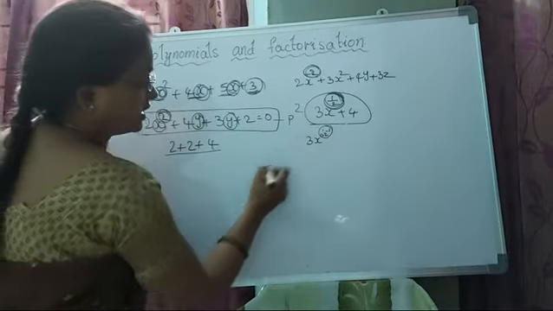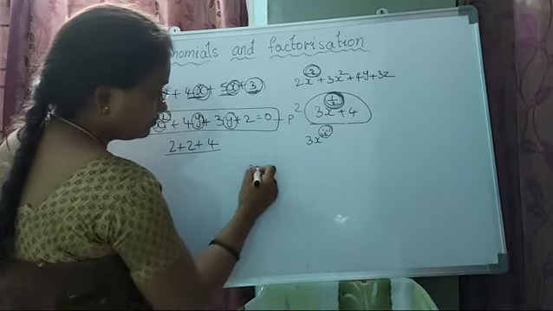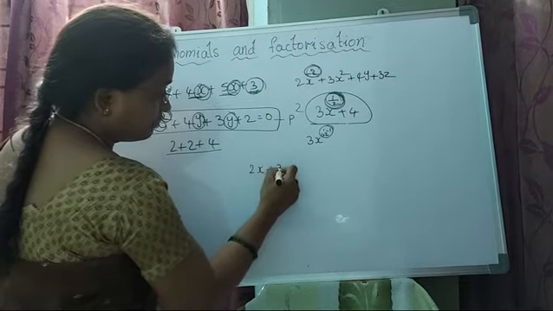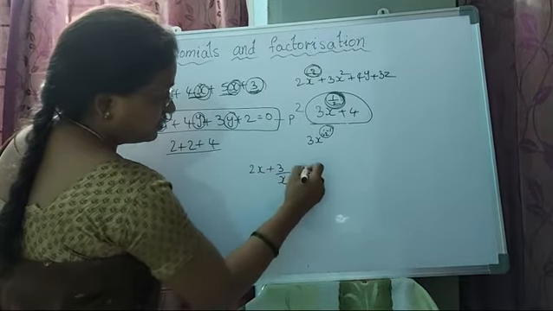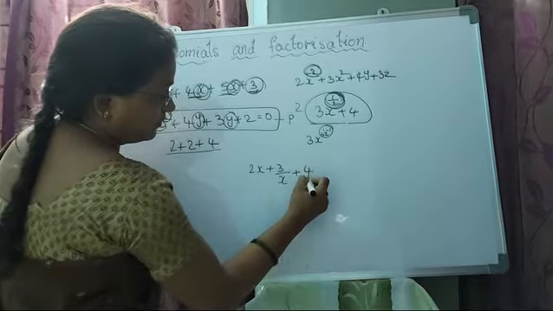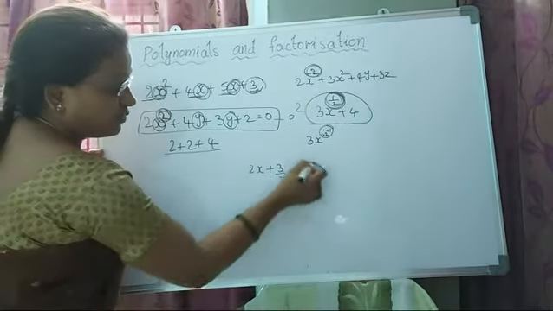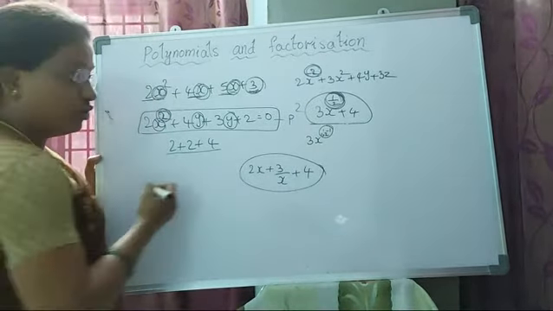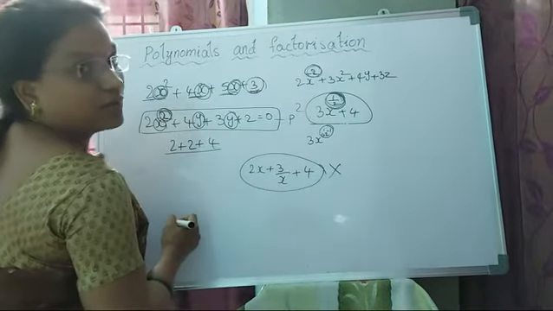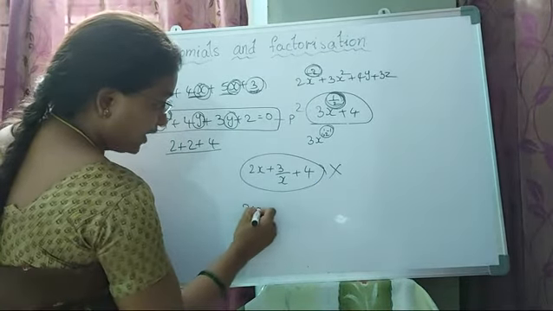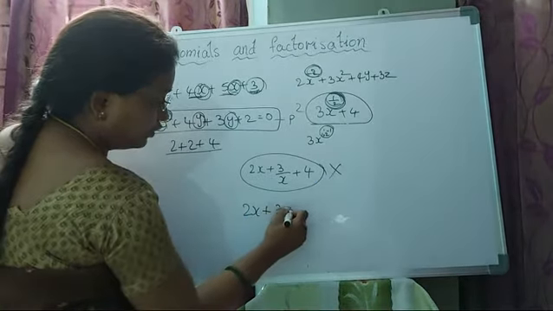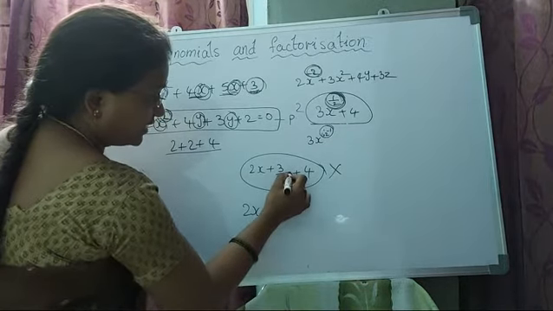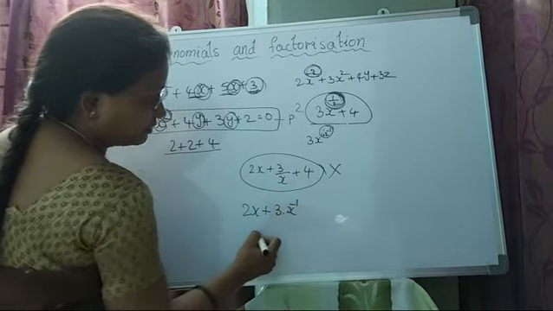For example, 2x plus 3 by x plus 4. Is it a polynomial? No, it is not a polynomial. Why? Because if you write 3 by x in the numerator's place, it becomes x power minus 1.